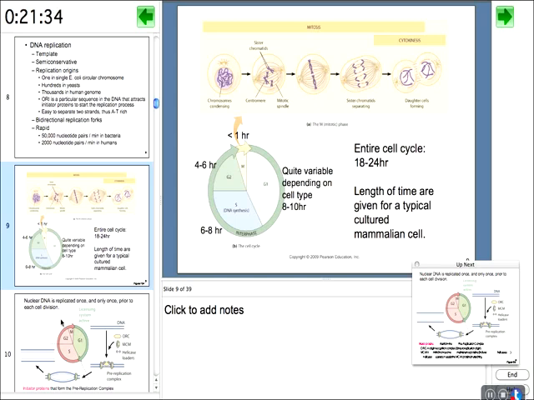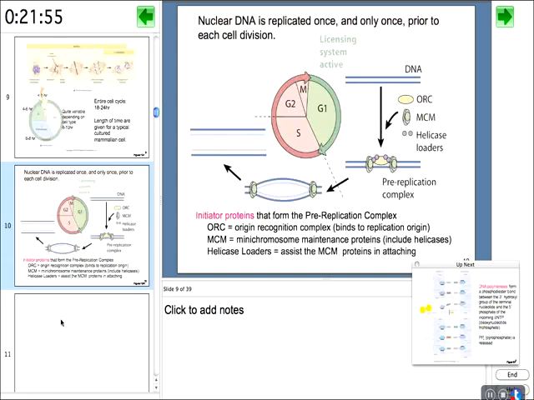So what we really want to get to here is, how does DNA synthesis start? How does the cell know it's time to start DNA synthesis? What controls that process? It's going to be binding of these initiator proteins to the ori. That's what's going to start the whole process. What starts DNA replication is binding of these particular proteins.